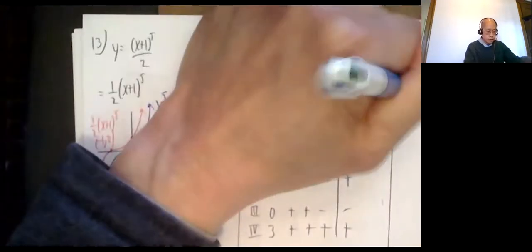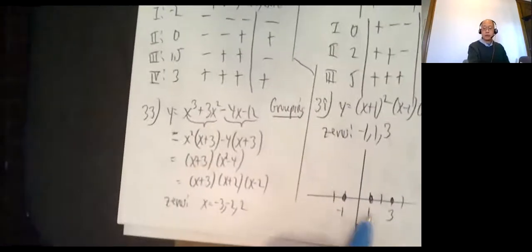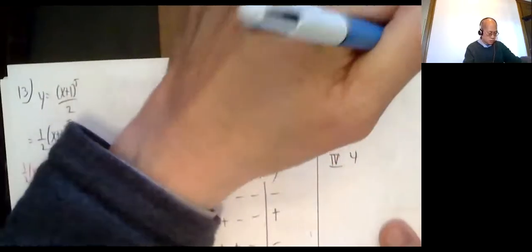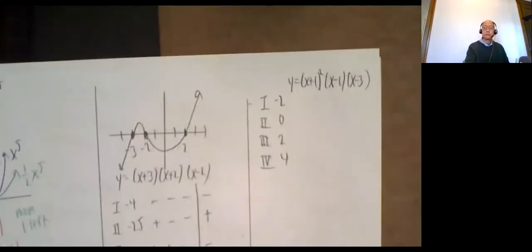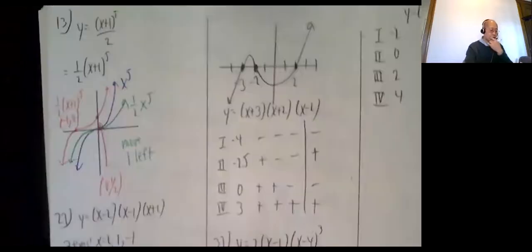So region 1, 2, 3, and 4. -2, 0, 2, 4. Let me write the expression again. Okay. And -2, 0, 2, and 4.